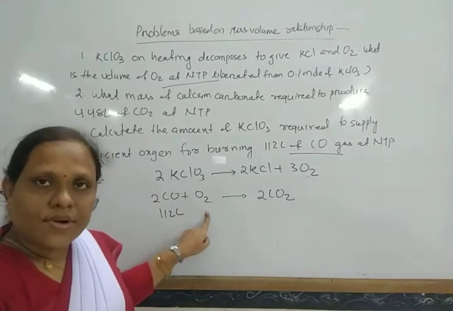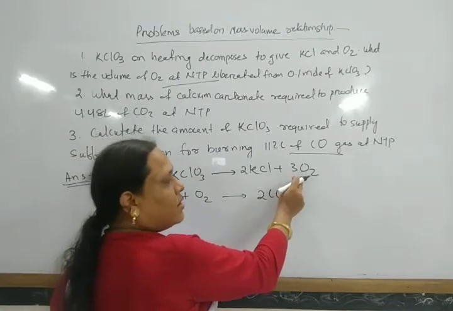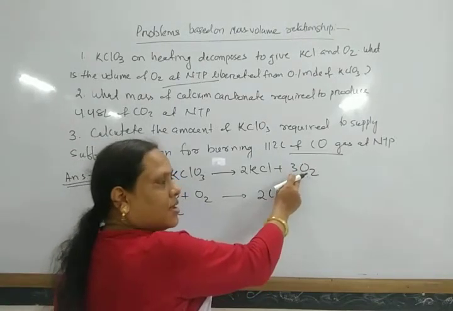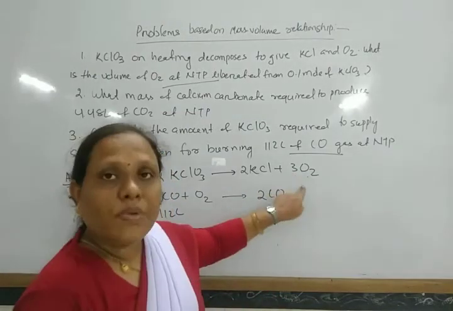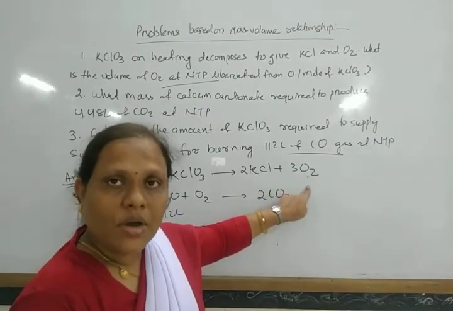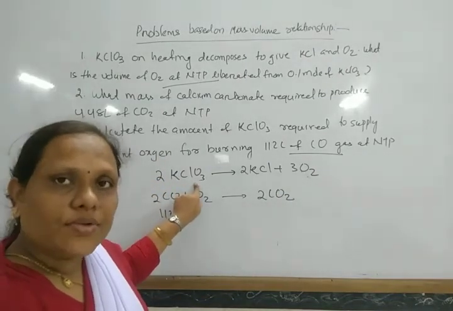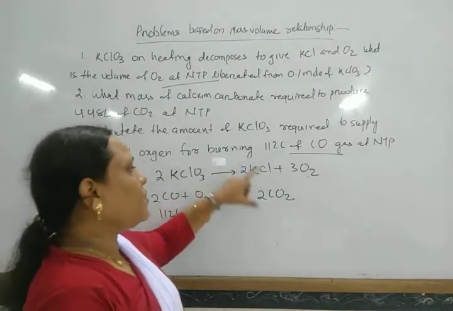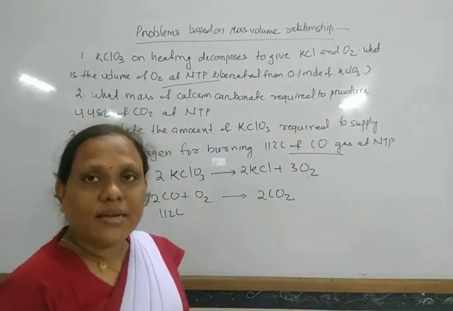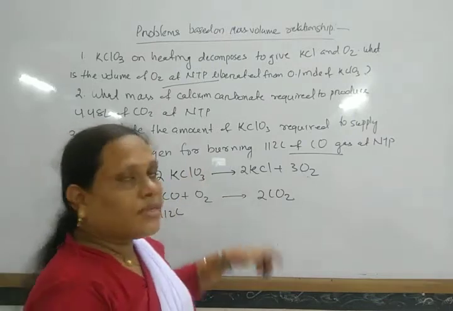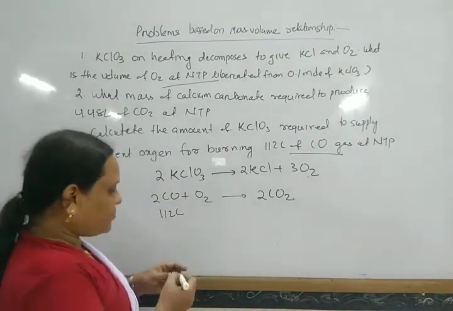Then that much oxygen is evolved or produced from how much potassium chlorate, you can find out. But here I am going to add these two equations and write one equation so that I can solve this by just one method, one step.